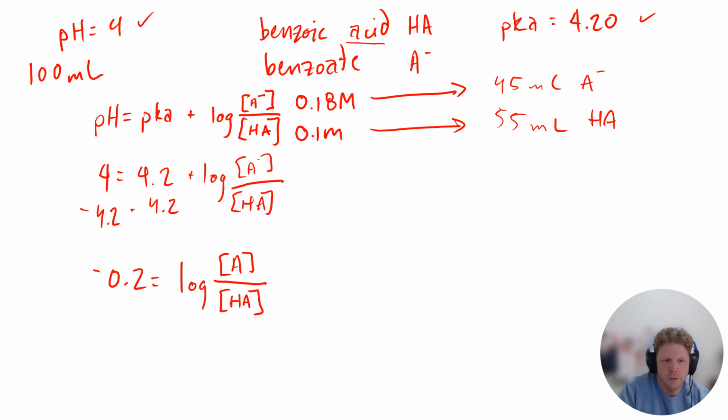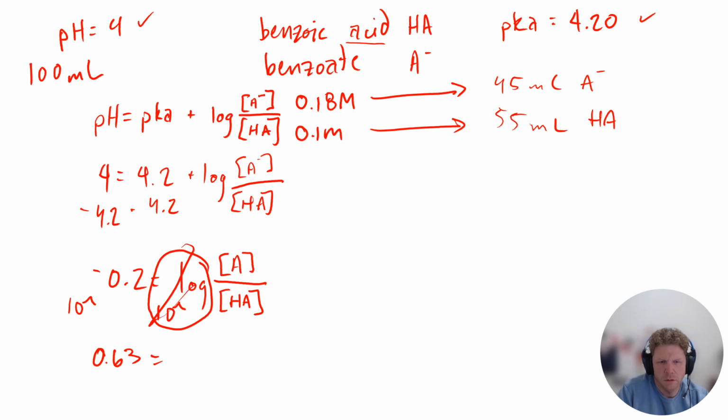Now, what we can do is raise 10 to the power of both sides, so 10 to the log of A over HA, and 10 to the negative 0.2 is 0.63. And then this whole function right here basically is eliminated. So we're left with A over HA.